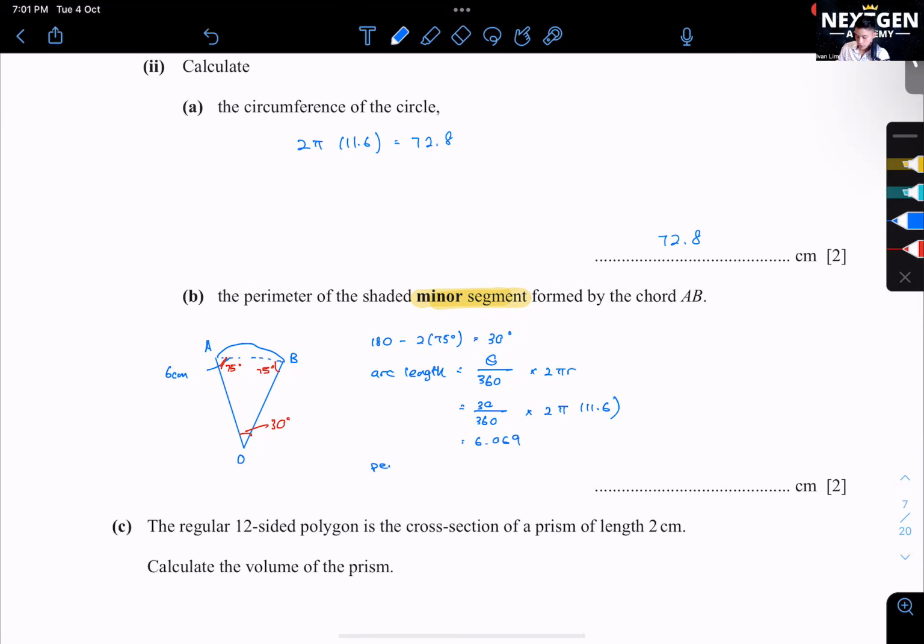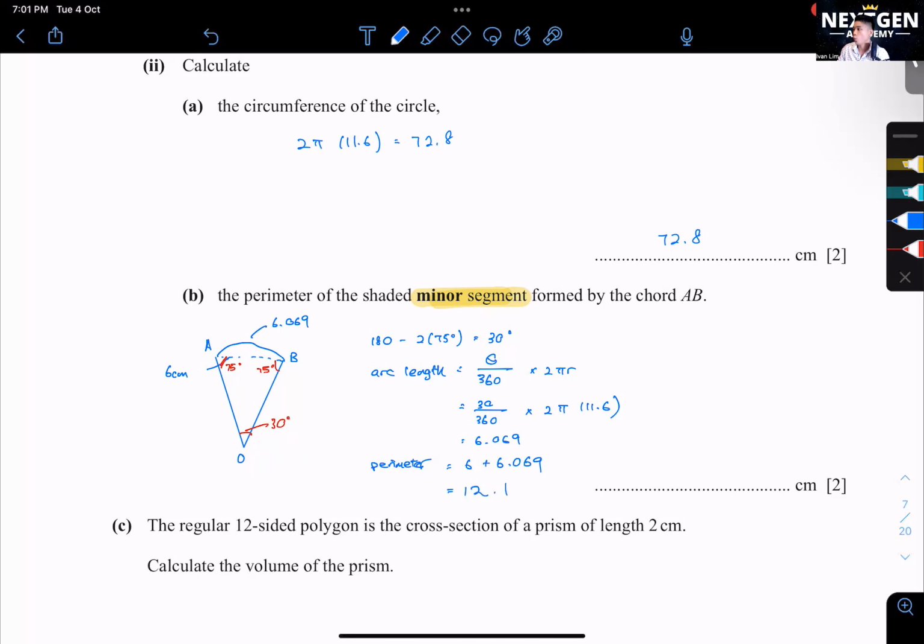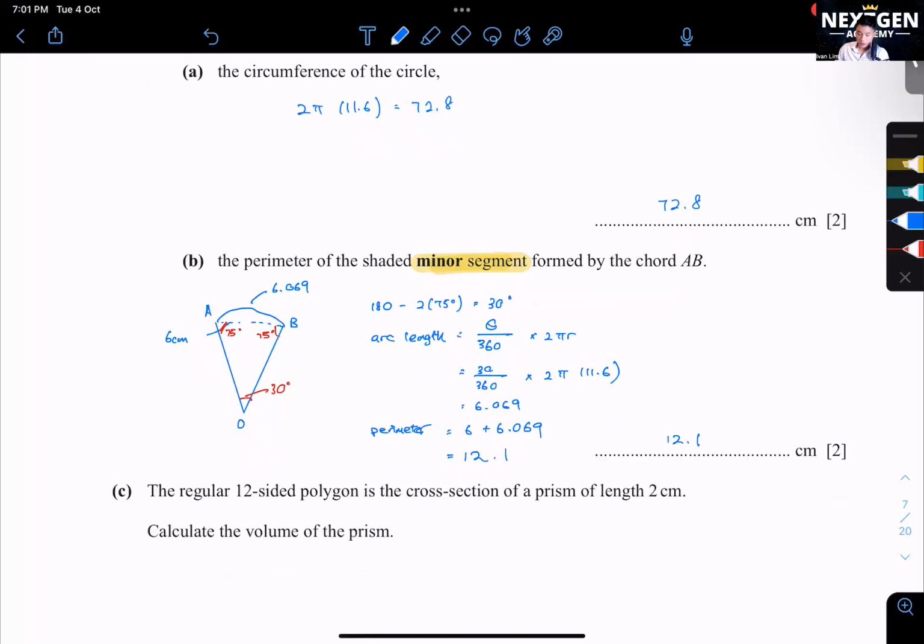Your total perimeter, I got my 6 cm, then I got here also 6.069. So 6 plus 6.069. Total will be 12 point. Okay, round it up will be 12.1. Normally we write it to 3 significant figure. Okay, can you all do this?